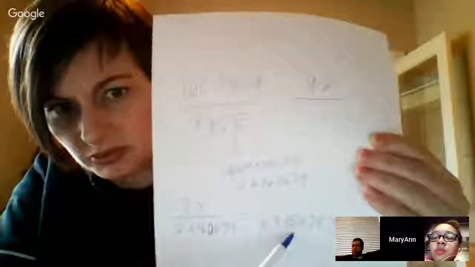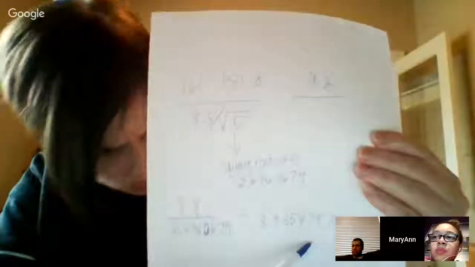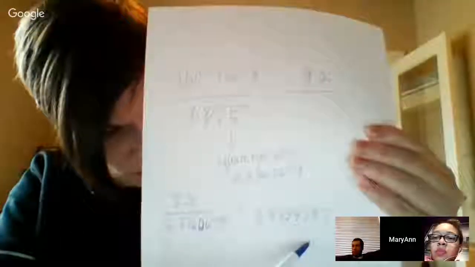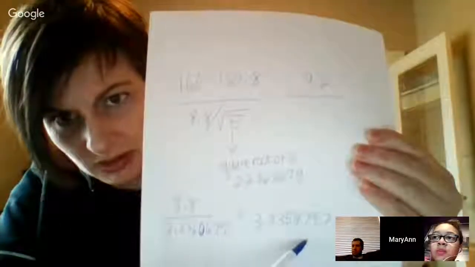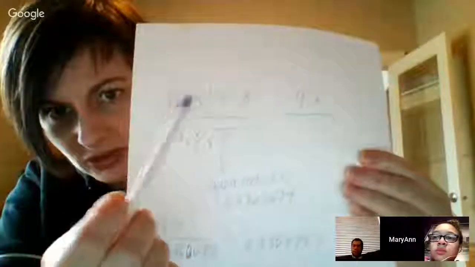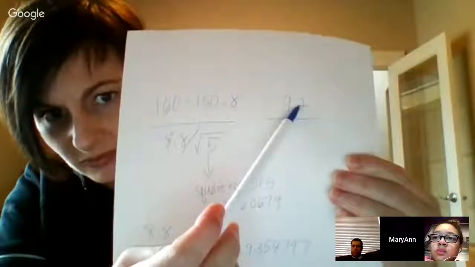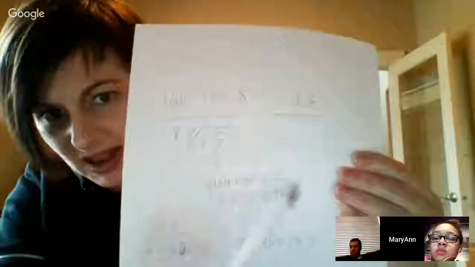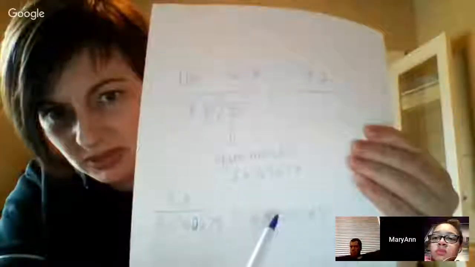And that's where you get the 3.9354797. But up here, here's the top equation, because that then has to be divided by this number.